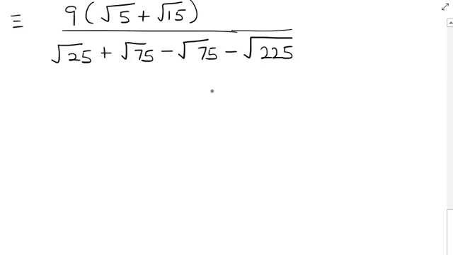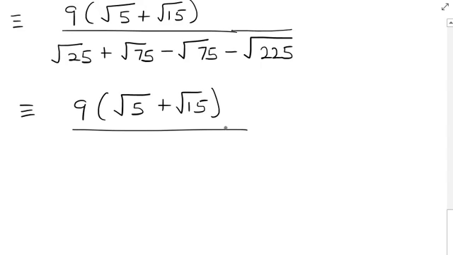So to simplify further, that will be 9 into root 5 plus root 15 all over. So the square root of 25 is 5. Plus root 75 minus root 75 will be 0, plus 0.